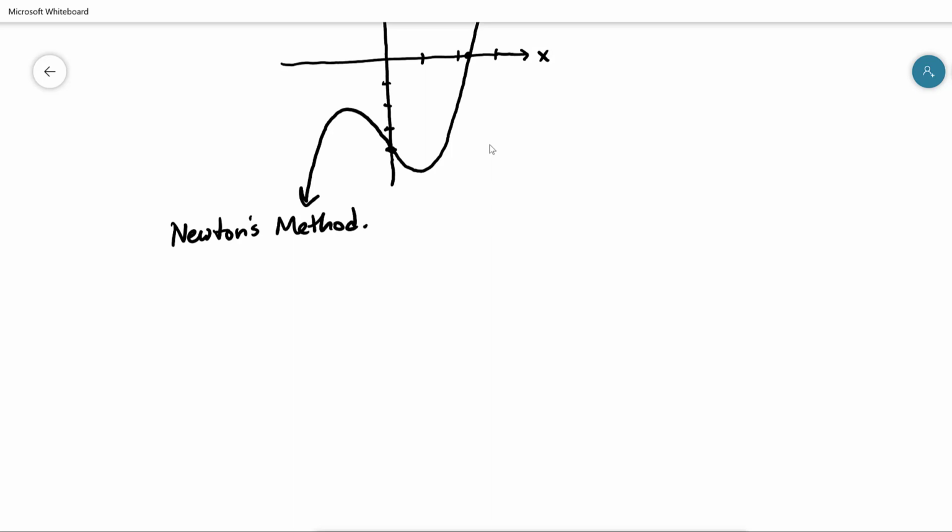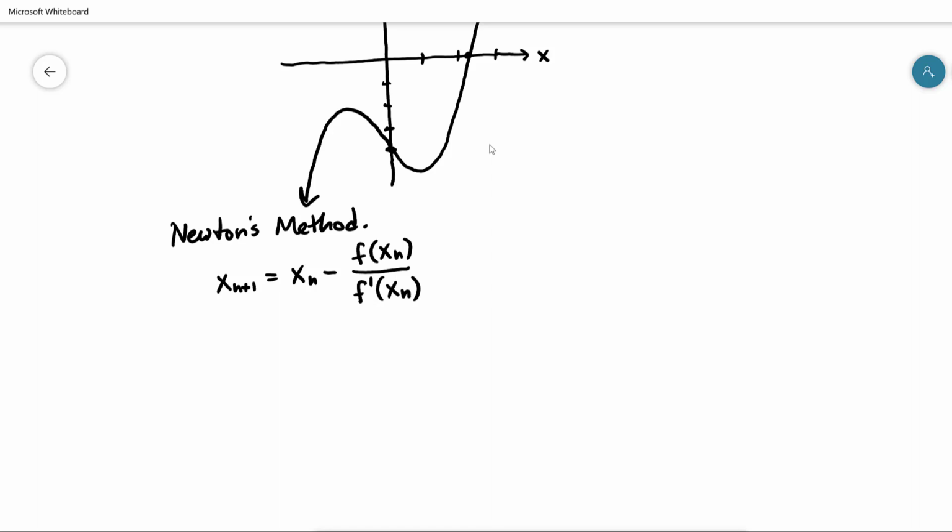The things we need for Newton's method are what f of x is and what f prime of x is. Remember, our formula is this. We want x_{n+1} to equal x_n minus f of x_n divided by f prime of x_n.